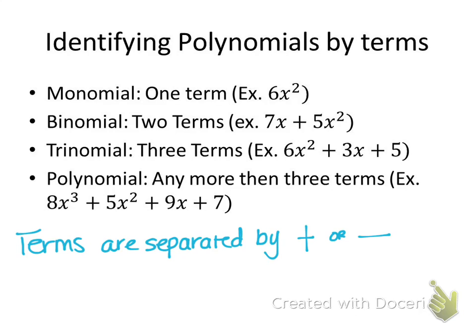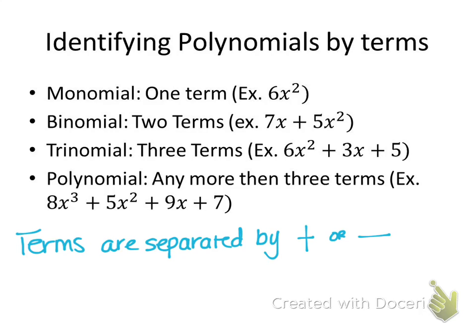Terms are separated by a plus or a minus. So I can look at my polynomial, and if I have 3x plus 2x plus 6, okay, I've got 3 different terms because I look at the pluses and the minuses, and I've got 1, 2, 3. I count in between them. So terms can only be separated by a plus or a minus. It could be a minus, okay?